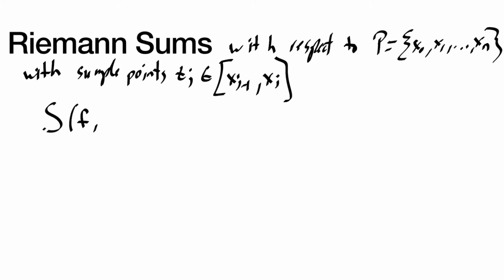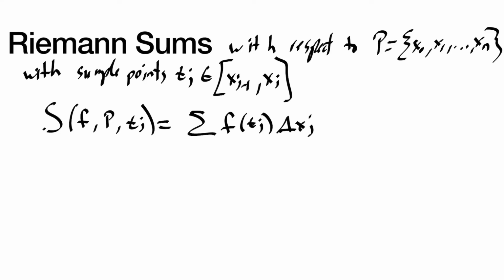Then we denote that sum by S(f, P, t_j), which is just the sum of f evaluated at these sample points times delta x_j, where delta is defined just as we did before.